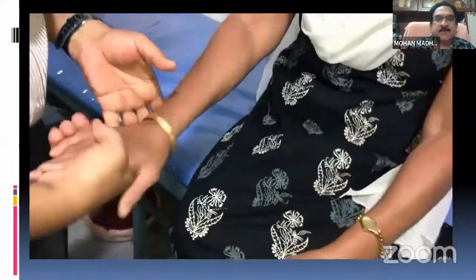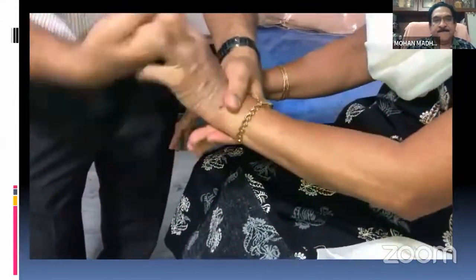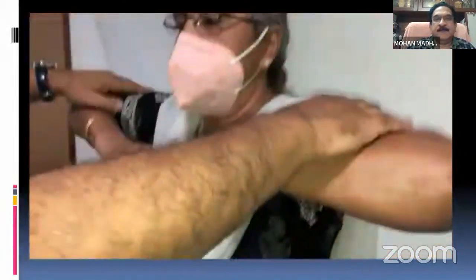But the motor system examination doesn't appear normal. All muscles are pretty much normal power.